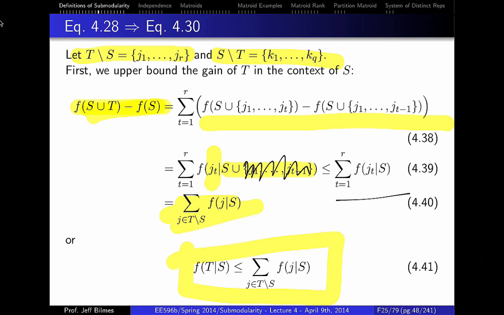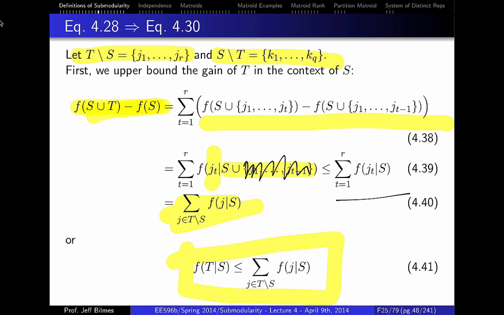This is a really common property to those of you familiar with information theory, because it says that if this is the entropy function, the conditional entropy is upper bounded by the independence bound. When you condition on S, the entropy of the set of random variables T is upper bounded by the sum of the entropies of the random variables, which assumes that S renders all the random variables in T independent.